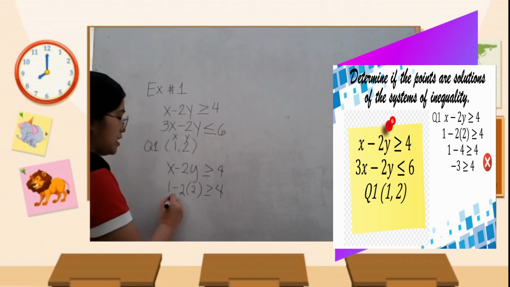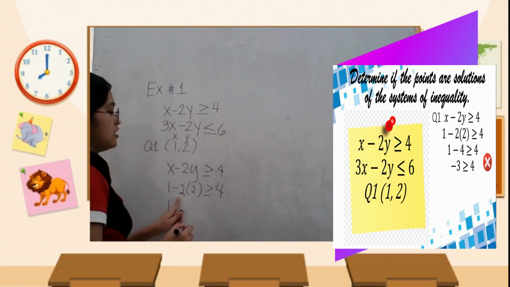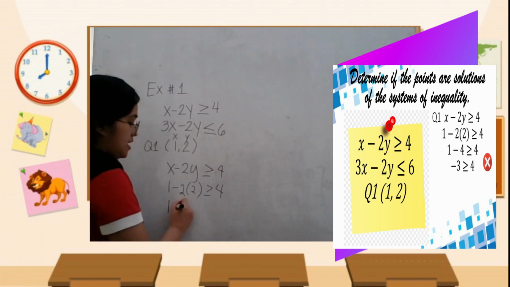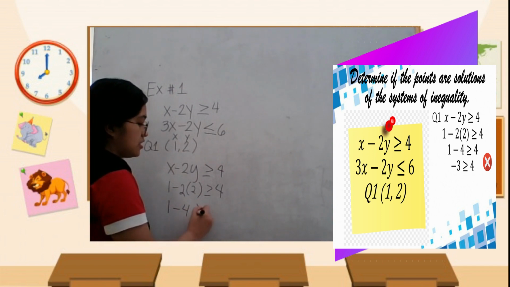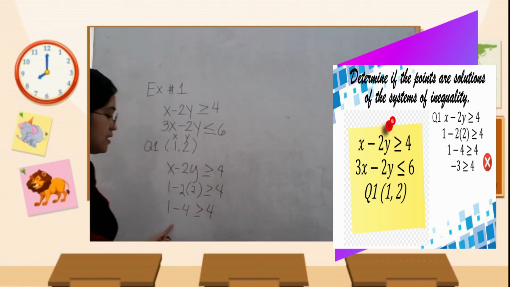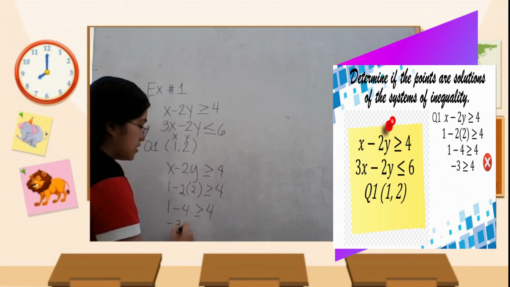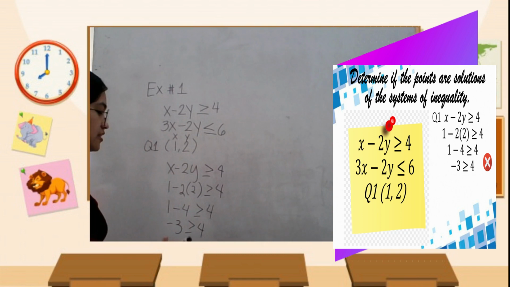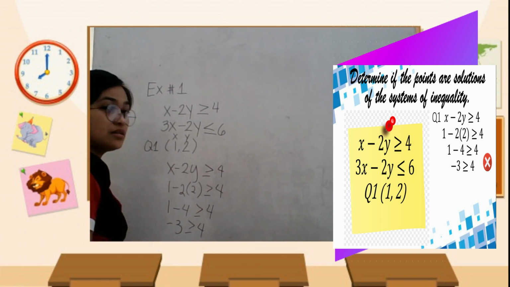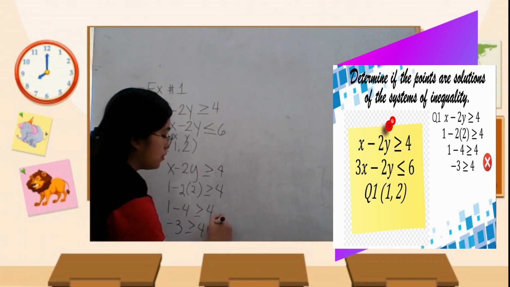Next, 1 minus 2 times 2 is 4, so 1 minus 4, that would be negative 3 is greater than or equal to 4. Ang negative 3 daw ay mas malaki or equal kay 4. That is not correct or false.